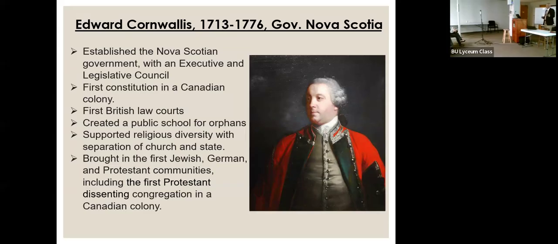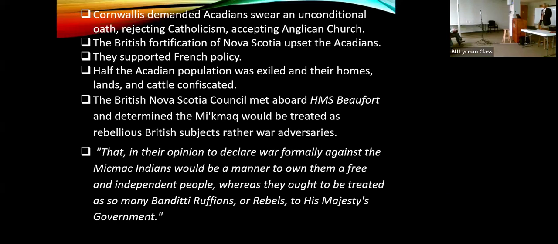Except, there's always an exception. Cornwallis becomes aware, if he wasn't already, just in terms of the conflict, that Acadians had fought against, I'll call it the British forces. And in doing so, he's saying, now what am I going to do with these people?